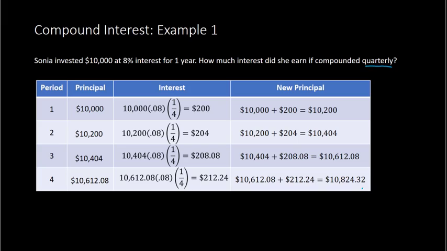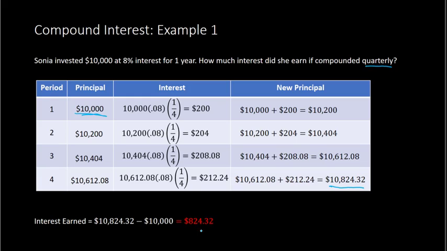To find the interest earned, we started with $10,000 and now we have $10,824.32. If I subtract the beginning principal from the ending principal, that gives you the amount that you earned.